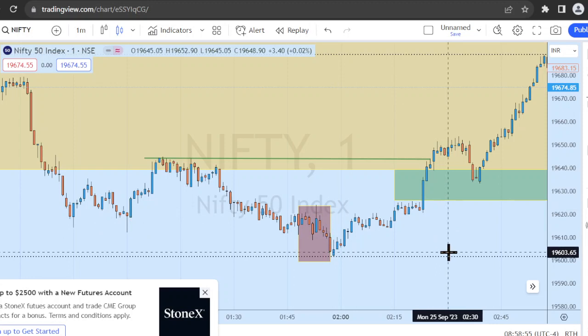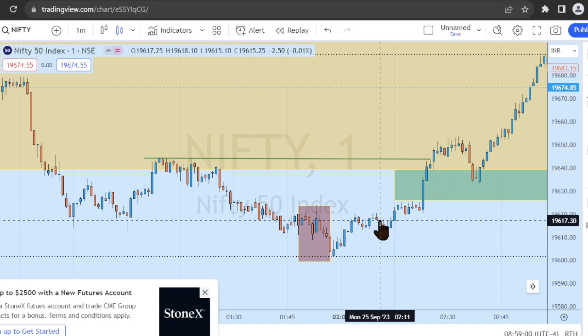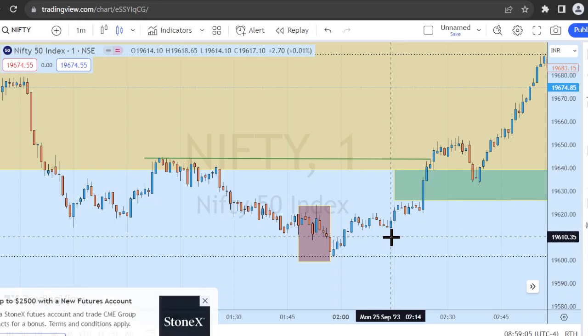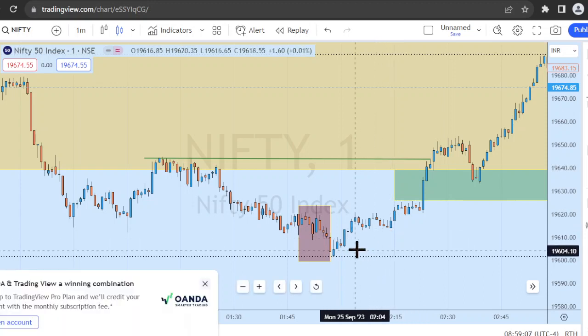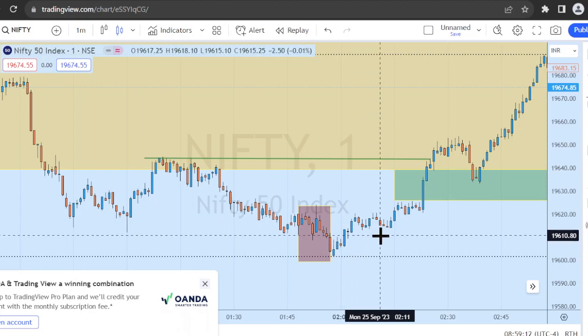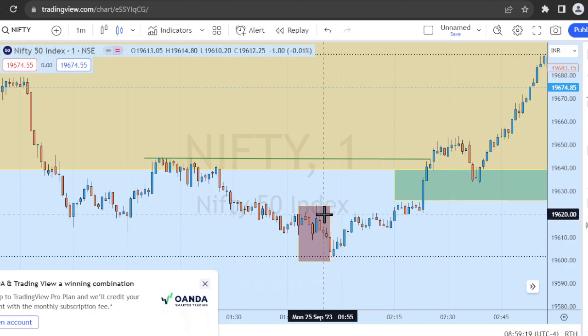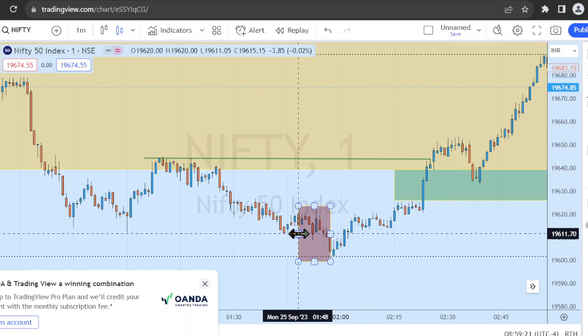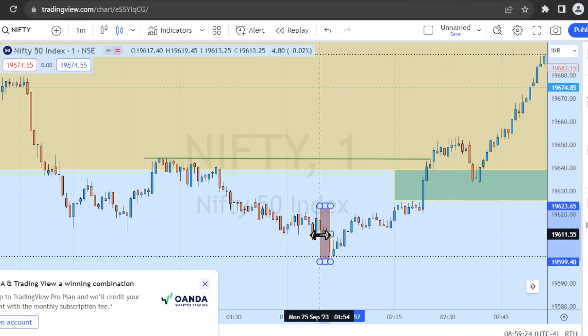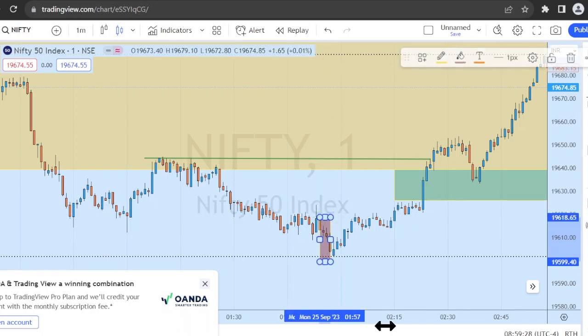You can see on the 1 minute, you can see this gap right here, because this is what you're looking for on a 1 minute.